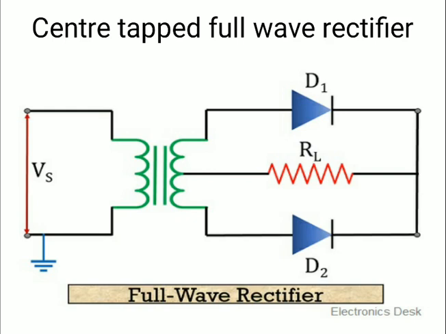Now let us see what happens in the negative half cycle. In the negative half cycle, D2 will be in forward bias, because the below side is positive and the upper side is negative, and D1 is in reverse bias.